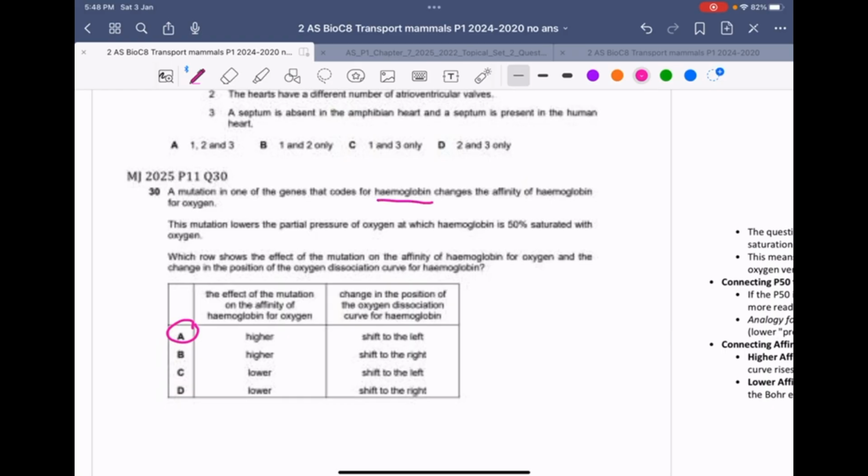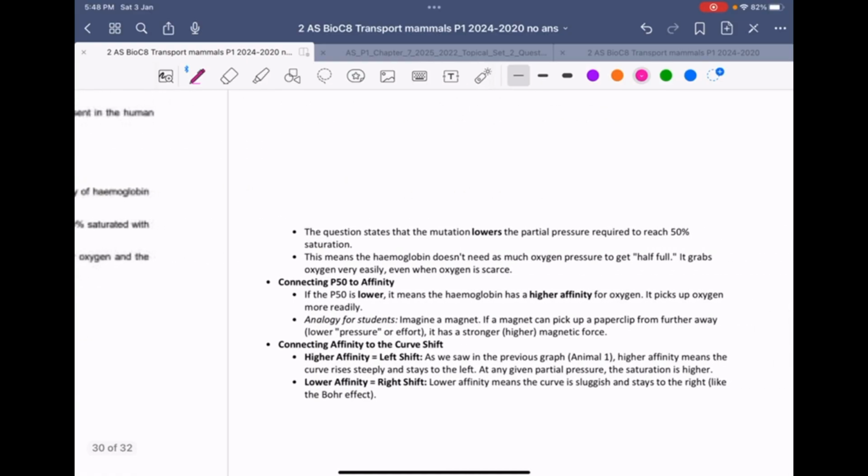This mutation will lower the partial pressure of oxygen at which hemoglobin is 50% saturated with oxygen. So this means that the hemoglobin doesn't need as much oxygen pressure to get half full. It grabs oxygen very easily, even though the oxygen is scarce. Even though there's a lesser amount of oxygen, the hemoglobin can combine with the oxygen easily.